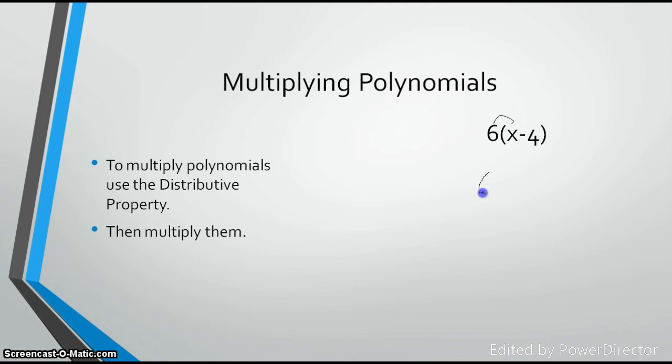So we have 6 times x, which gives us 6x, and then 6 times -4, giving us -24, and that will be our final answer. So, yeah, 6x minus 24 is the answer, and that will be it for complex numbers and polynomials.